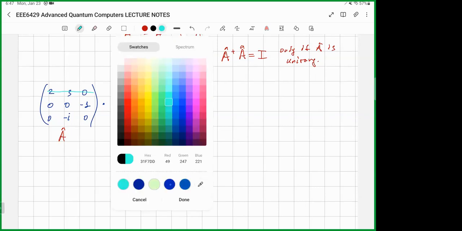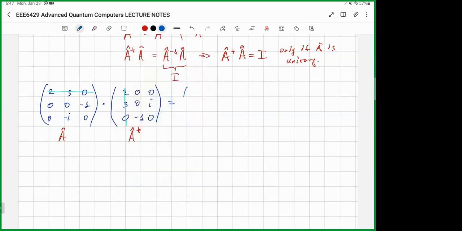So 2 times 2 is 4, plus 3 times 3 is 9, plus 0, so 4 plus 9 is equal to 13, right? Then the second element: 2 by 0, 3 by 0, 0 by minus 1, gives 0.